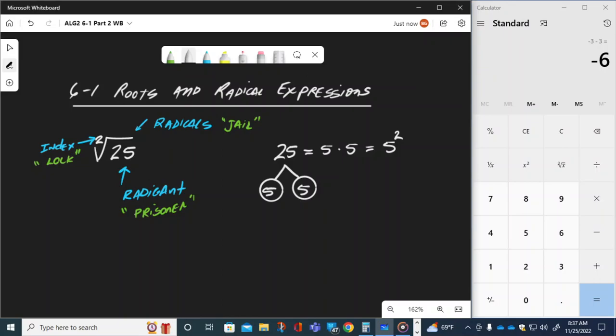And therefore, if we now rewrite the square root of 25, and instead of 25, we put 5 to the power of 2, we are going to realize that the power and the root are the same.